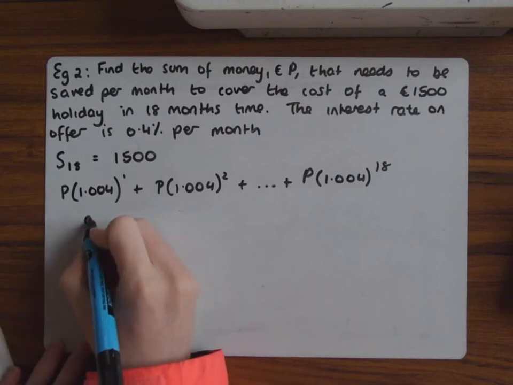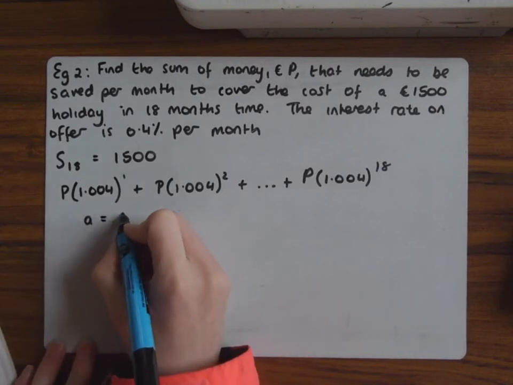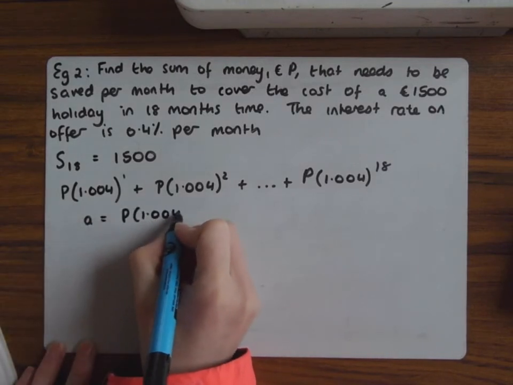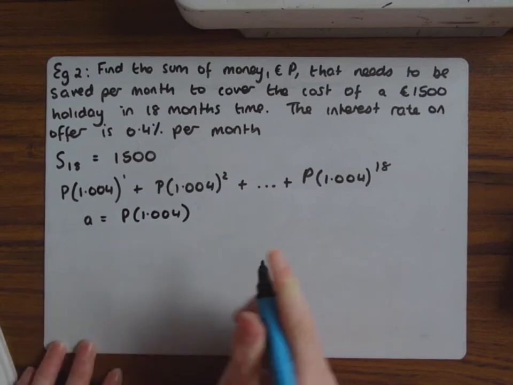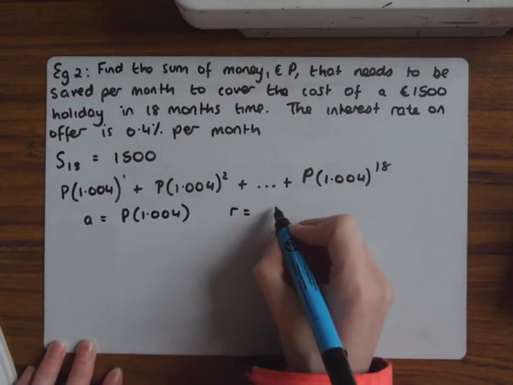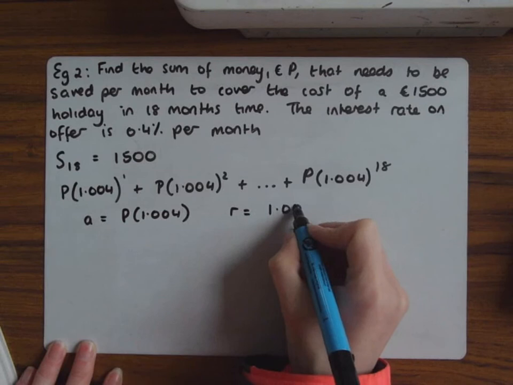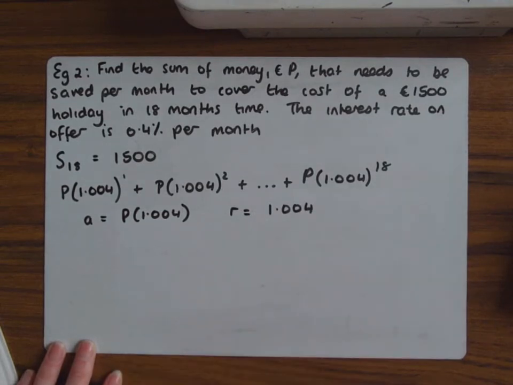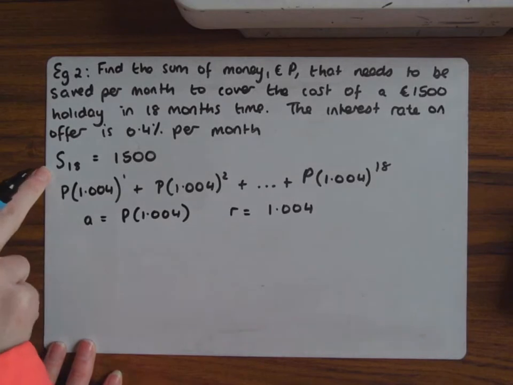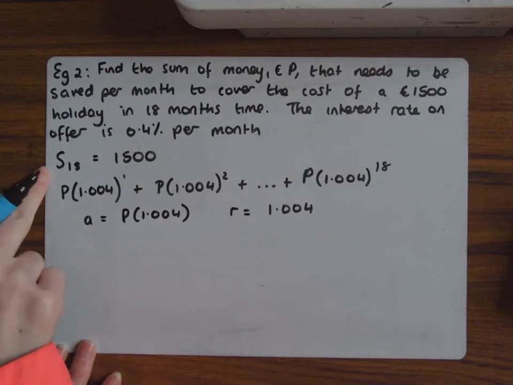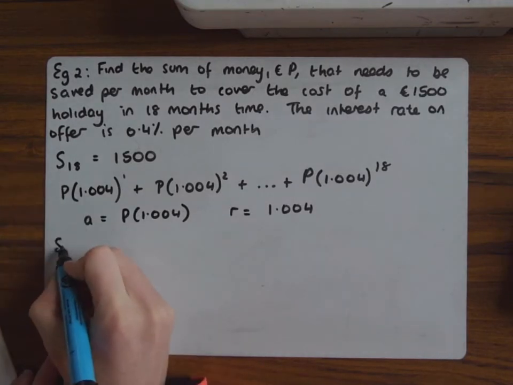Now I can write out my first term is that. My common ratio is that. And I'm interested in S of 18.